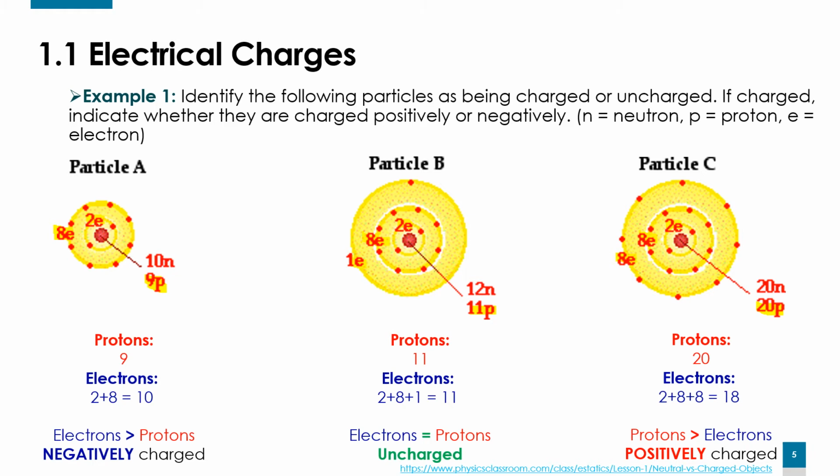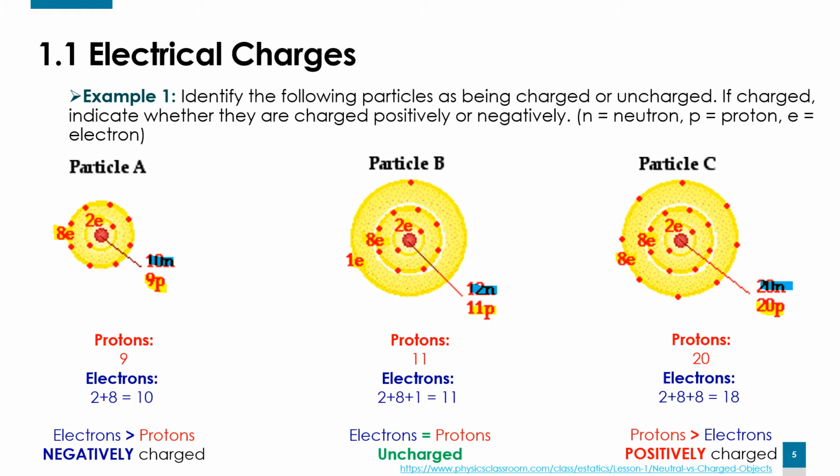charge than negative. Okay, now I have a question. Why didn't I count the neutrons? Why didn't I even look at the neutrons to do this exercise? Because neutrons have no charge at all. I'm not looking for the number of neutrons. I'm looking just for the charge of this atom, of this particle.